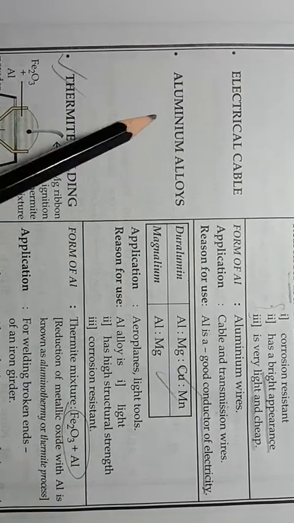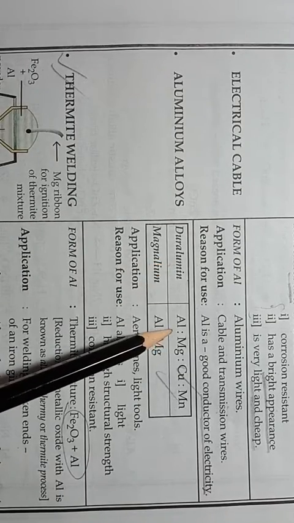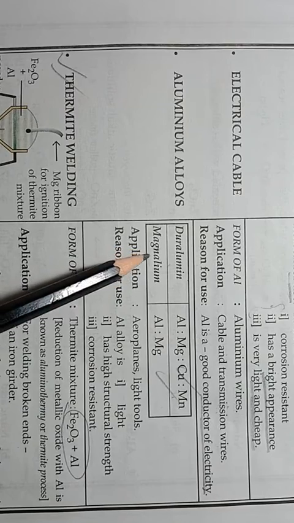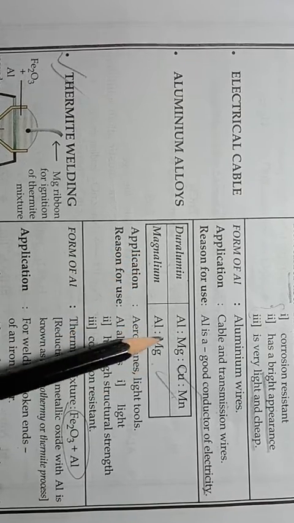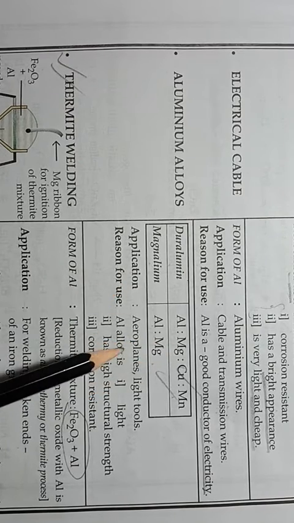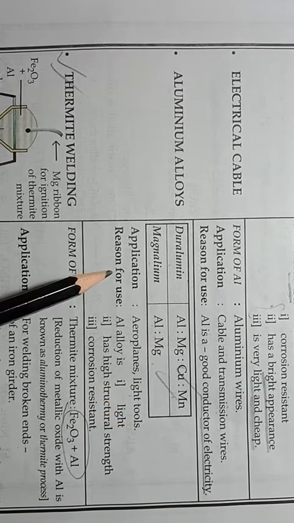Then aluminium alloys. Duralumin, which is a mixture of aluminium, magnesium, copper and manganese, and magnalium, a mixture of aluminium and magnesium. These alloys are used in aeroplanes and in the making of light tools.